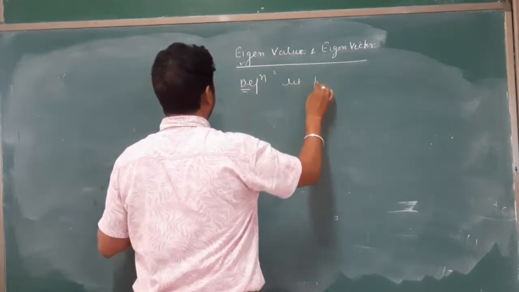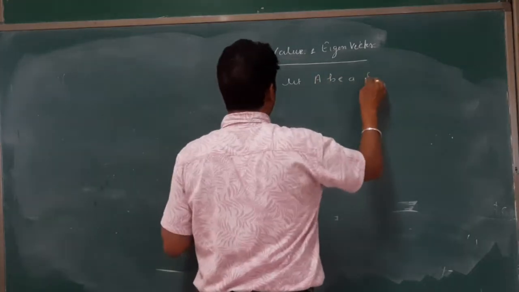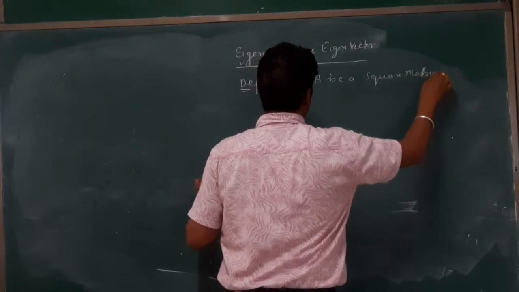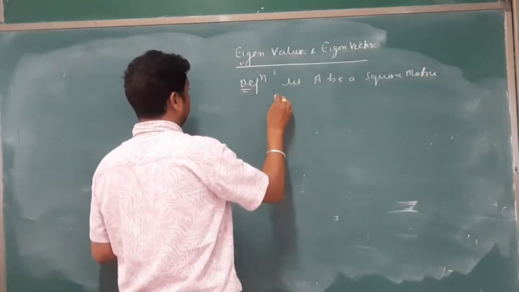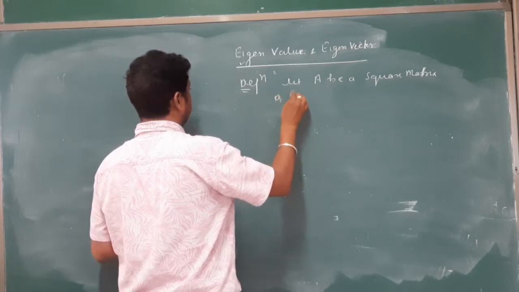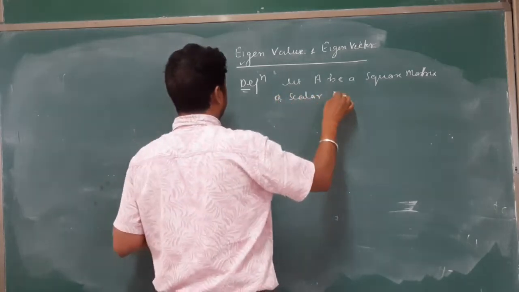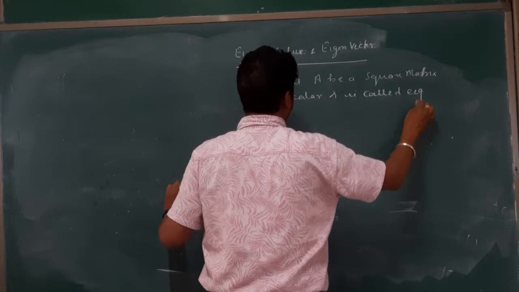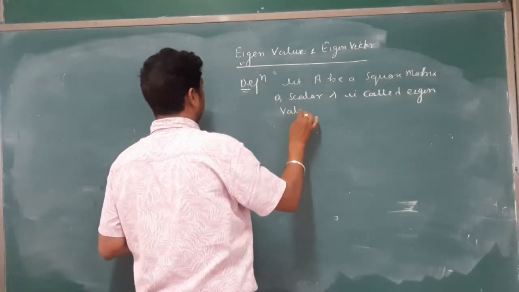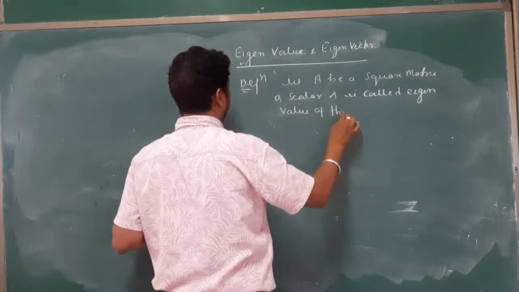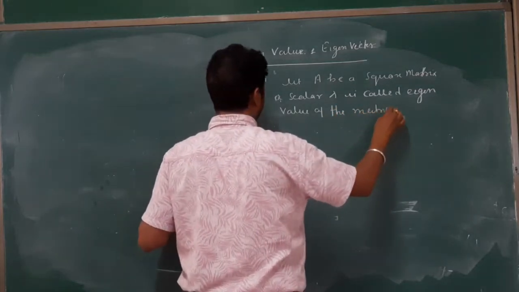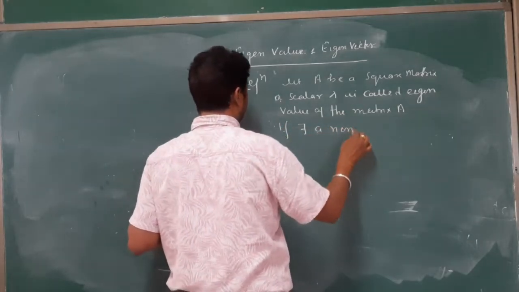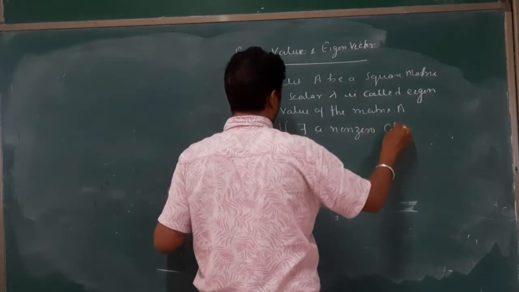Let A be a square matrix. A must be a square matrix. A scalar lambda is called an eigenvalue of the matrix A if there is a non-zero column vector.